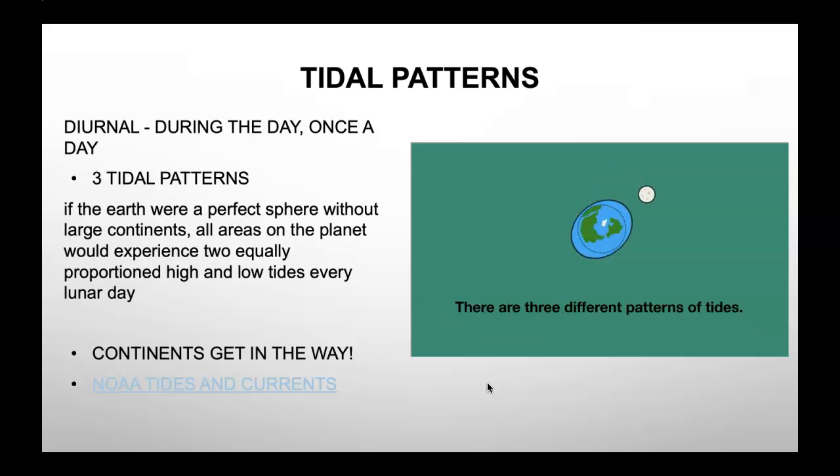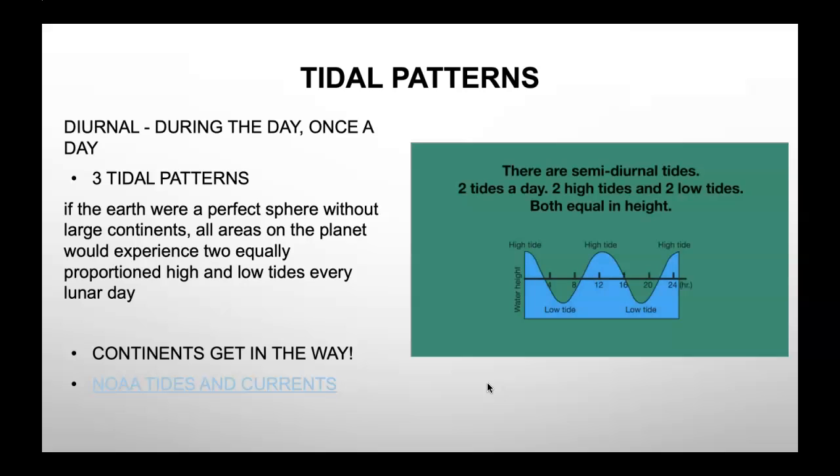In fact, there are three different patterns of tides. There are semi-diurnal tides. Semi-diurnal means half day, so twice daily. This is a pattern of two tides a day, two high tides and two low tides, and they're both equal in height.